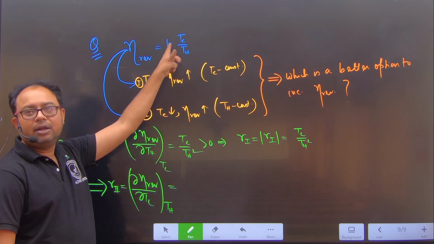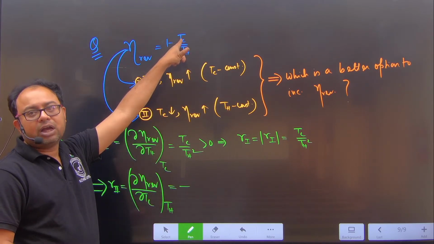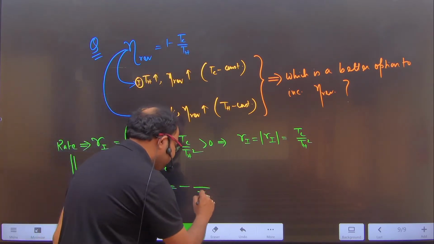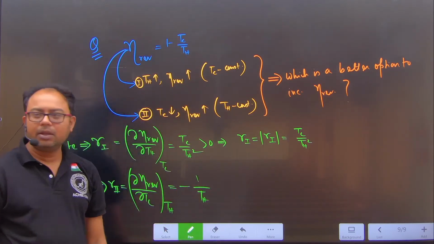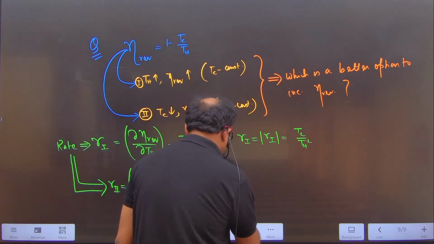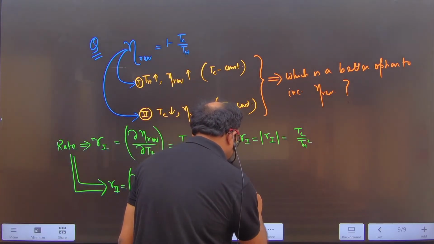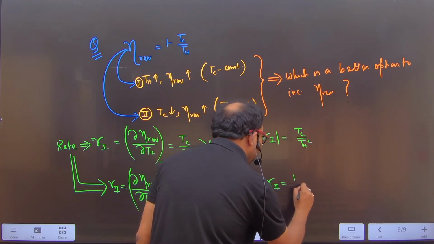Th is constant. 1 gives 0, so you have a minus sign. 1 by Th goes out of the differentiation. And if you differentiate Tc by Tc, you will get 1. So it becomes minus 1 by Th. It's negative. So mod of R2 is minus R2, which is equal to 1 by Th.